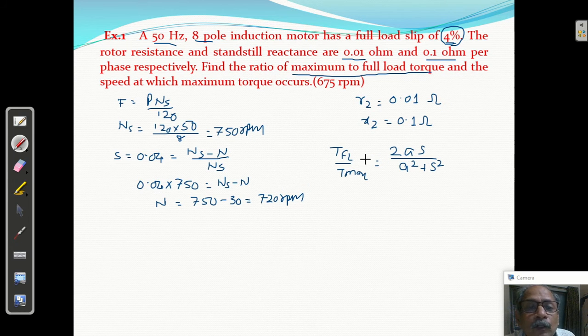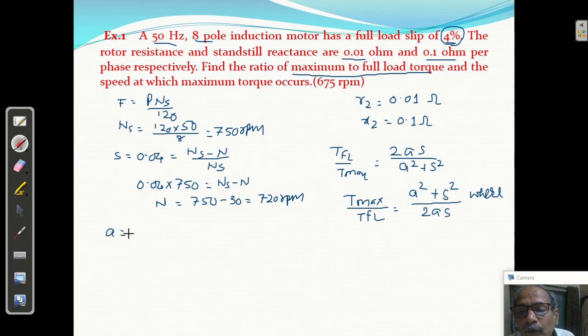But we have to find the ratio of T max upon T full load, so it will be inverted: A square plus S square upon 2AS, where A equal to R2 upon X2. R2 is 0.01 upon X2 given as 0.1.